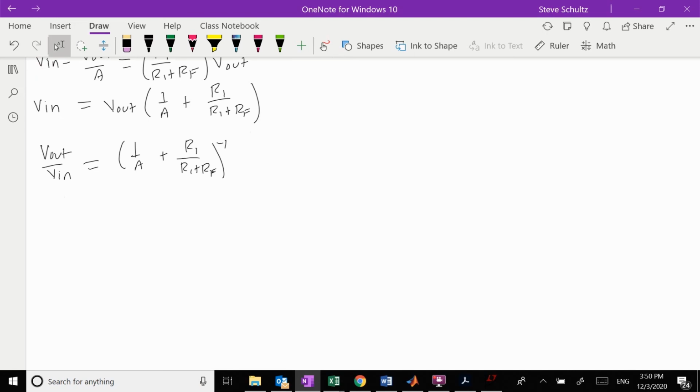So we want to simplify this some more, and so then this is going to be equal to A times R1 plus RF over R1, divided by A plus R1 plus RF over R1. And that is equal to V out over V in, which we're going to call A of our non-inverting stage. Okay, so that's equal to that.